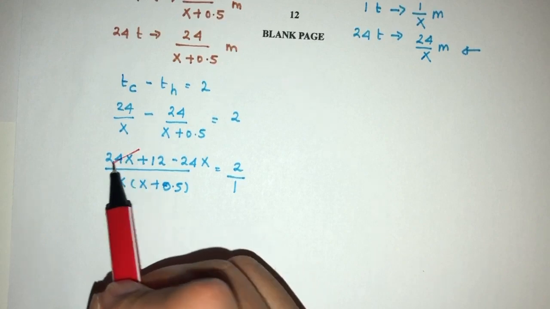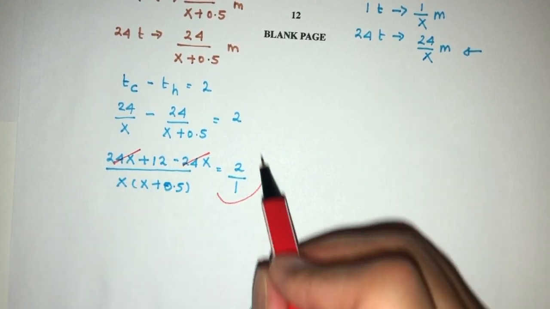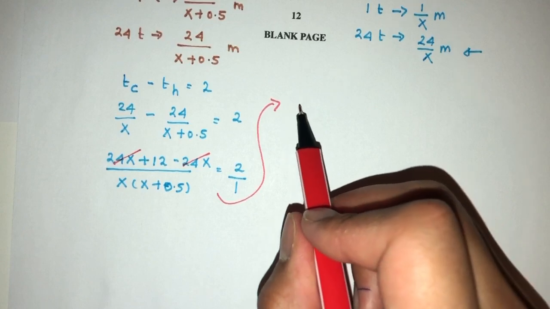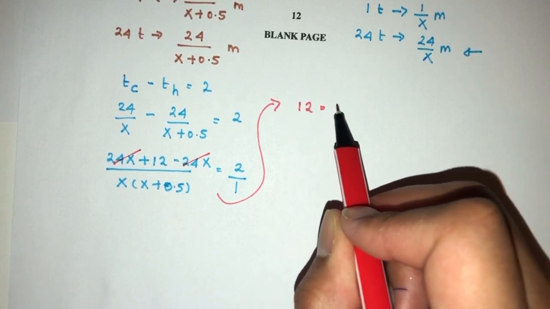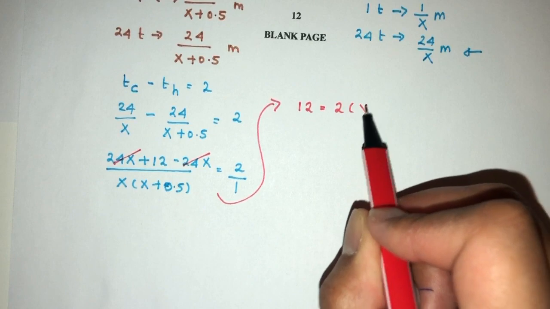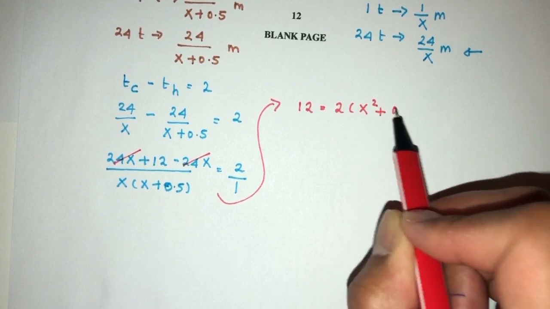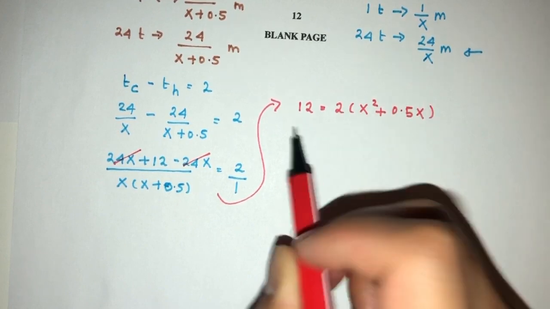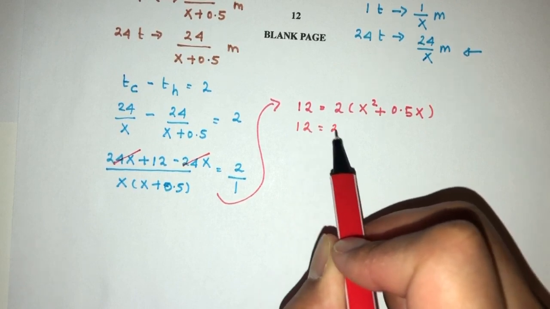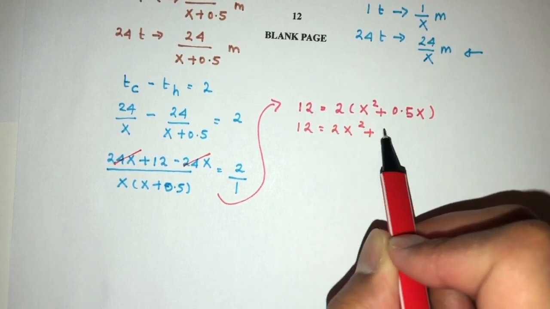This and this will be cancelled. Then continue, you will have 12 here, which has to be 2 times x squared plus 0.5x. That will be 12 equals 2x squared plus x.